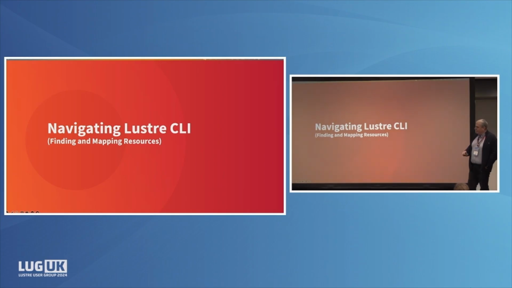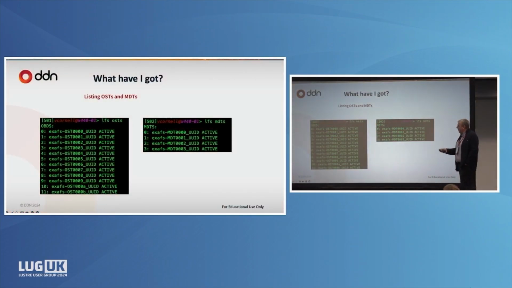So you're sitting there with your flashing cursor, and you think, so what have I got then? I've got the mount point, I can see df and see I've got my /lustre mounted. But how do I identify these things as a user, not the sysadmin? So this lfs command also has many other options, but 2 options we show here are osts and mdts.